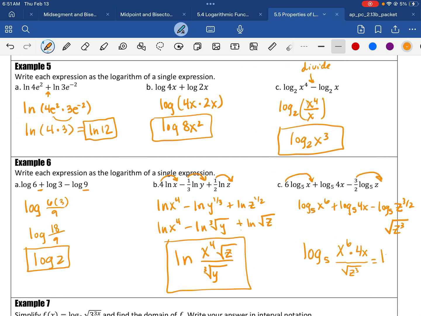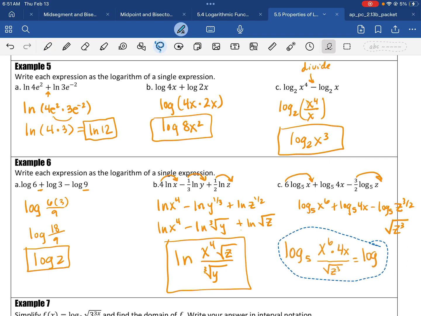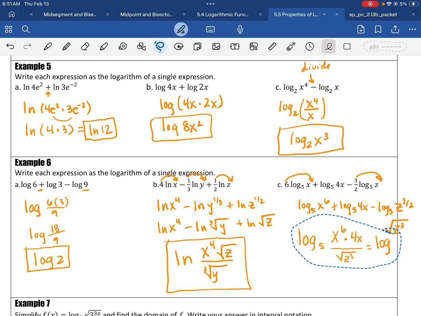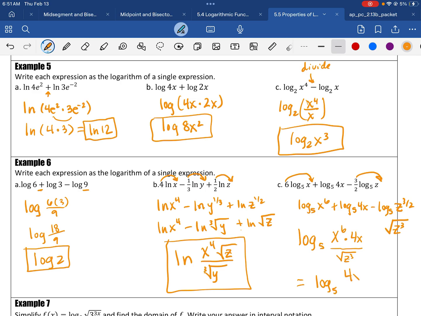That'll be log, let me scoot that over. So final answer will be log base 5 of 4x to the 7th over square root of z cubed.